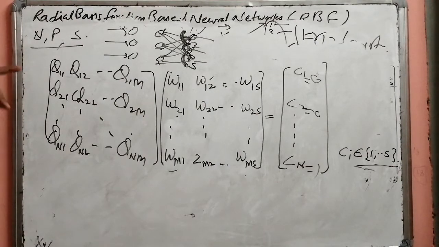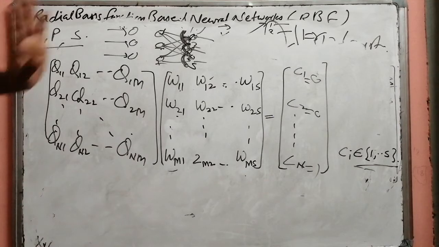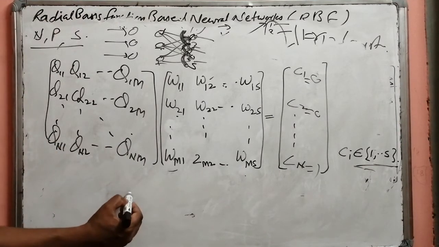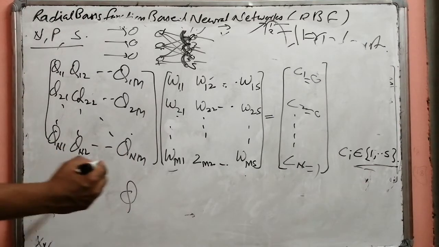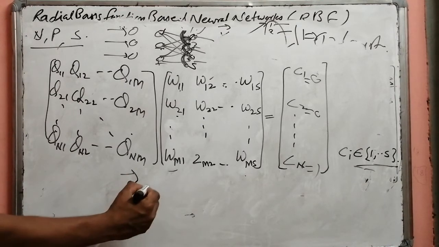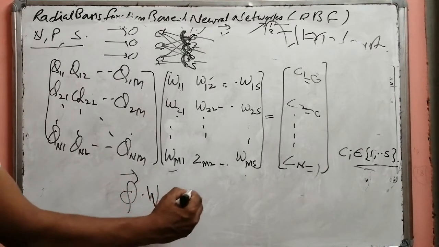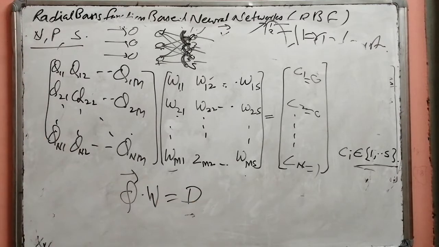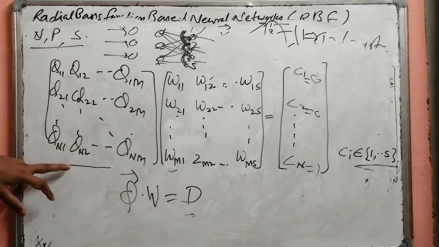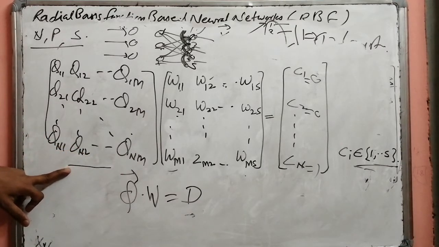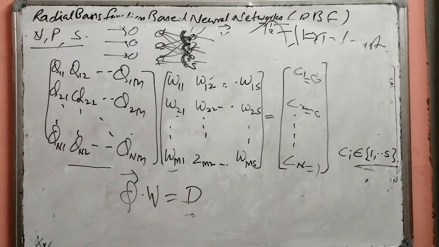So we have this as our final equation, and in terms of vectors it can be written as phi dot w equal to d, your desired outputs or desired vector. We know this matrix phi, as it comes from the procedure of finding the receptors as well as the standard deviations for the hidden layer or RBF layer, and this D, the desired labels, we already know.